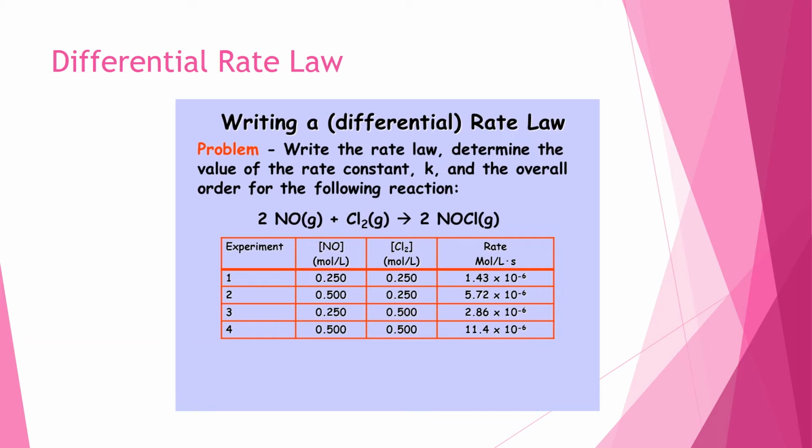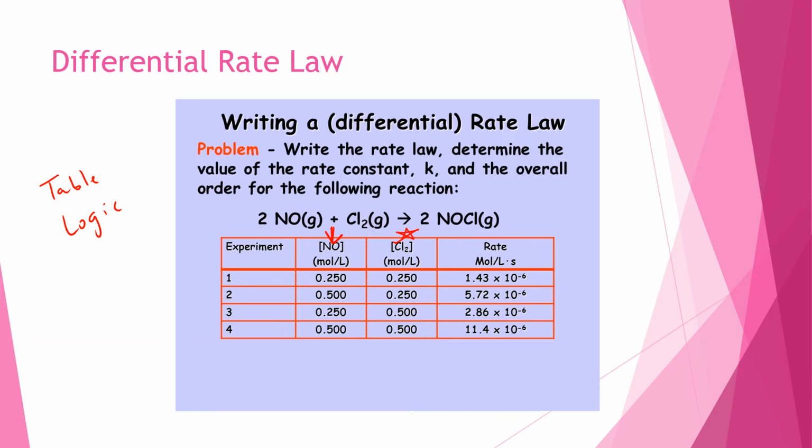Now let's look at differential rate law. When you do differential rate law, this is where you have your table logic. If I am trying to find the order of NO, I have to make sure that Cl2 is kept constant. Then I look and see what is happening to my rate and my concentration.